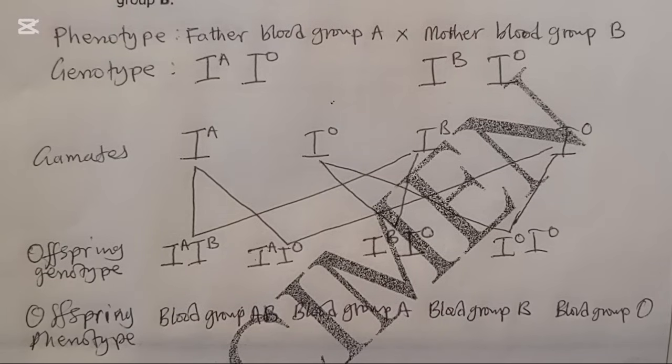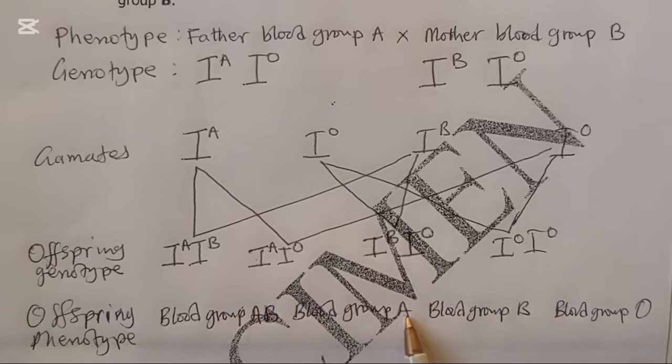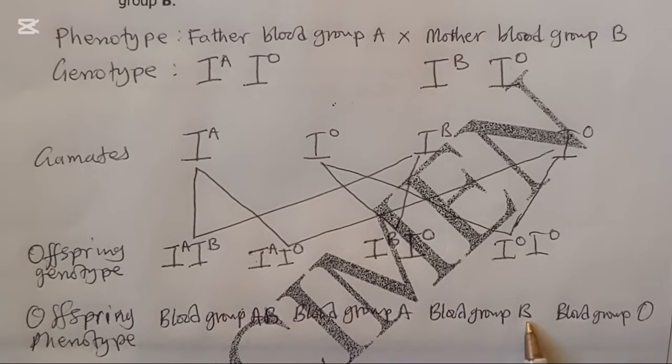So for the offsprings, we have blood group AB, we have blood group AO, which is A, blood group BO, which is B, blood group OO, which is O. So those are the offsprings phenotype.